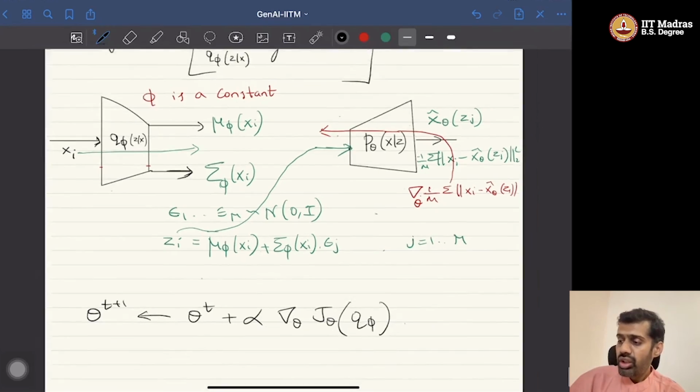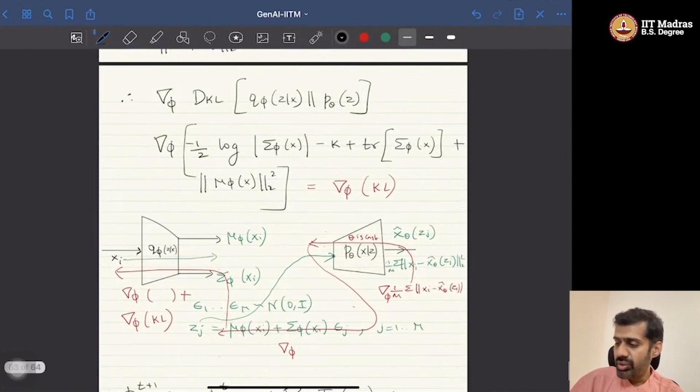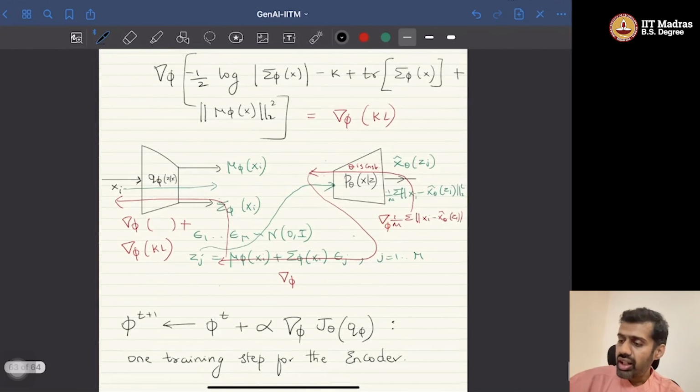So this is how you train a VAE. Let me reiterate. We start with one data sample x_i and pass it through the encoder. This is for the encoder training. Get the outputs of the encoder, sample epsilons from a normal distribution outside the neural network, reparameterize them, and pass all those z's through the decoder. Take the decoder output and compute the log likelihood, which is the first term of the loss.